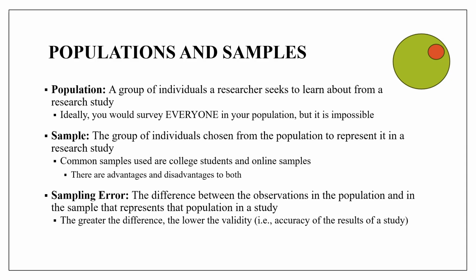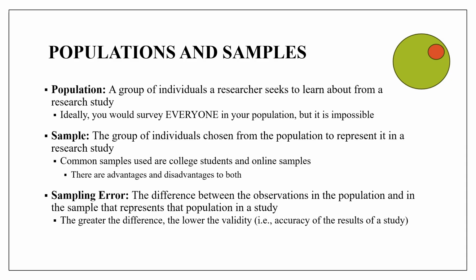And the other thing to consider about populations is that population is going to be every single individual that meets that criteria. So again, if you are interested in first generation Hispanics, every single first generation Hispanic that exists is going to be part of your population.